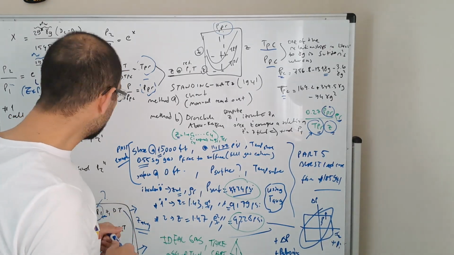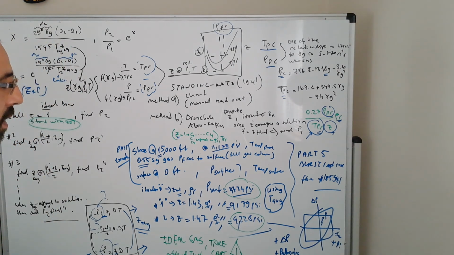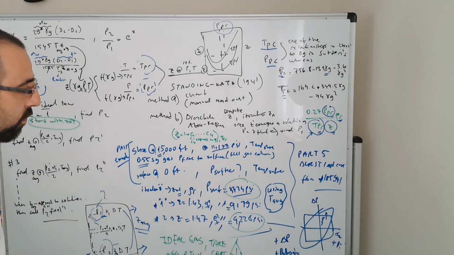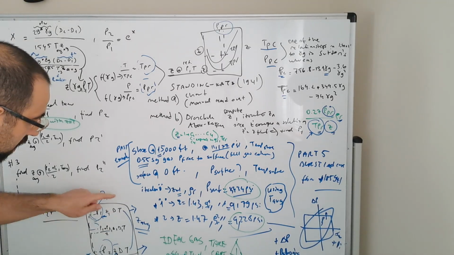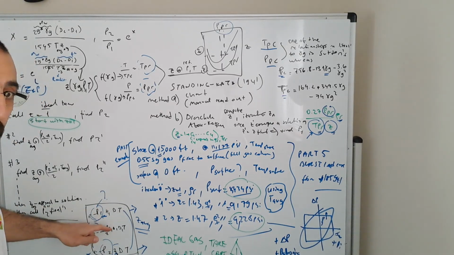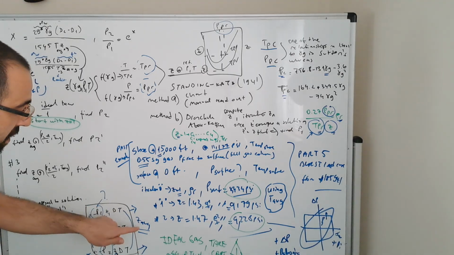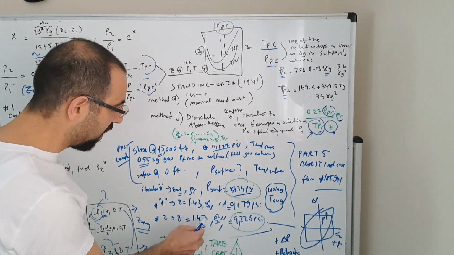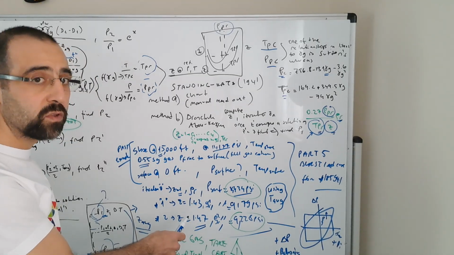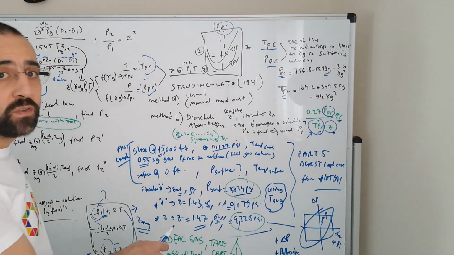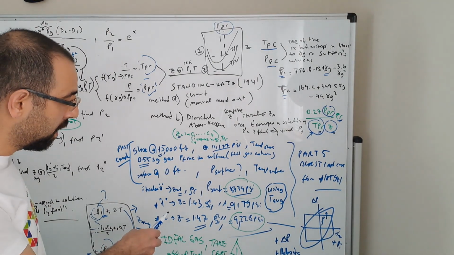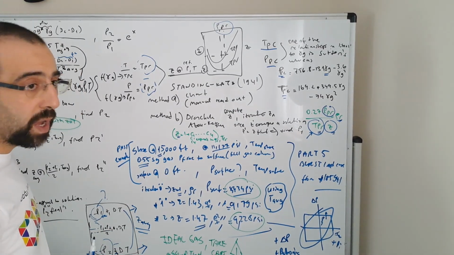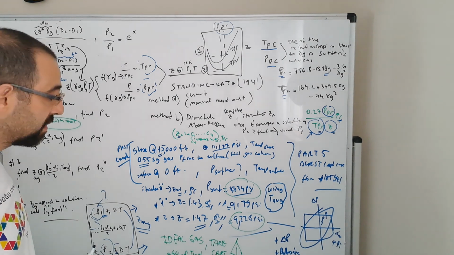So if I use the Abou-Kassem correlation to find the Z, and follow this algorithm of finding a Z average over this interval, when I did the iterations, I could come up with a Z factor of almost 1.47. So it's quite a bit higher, almost 50% higher than the ideal gas case.